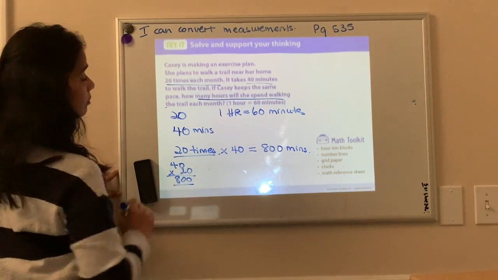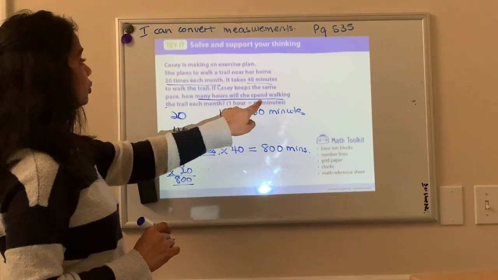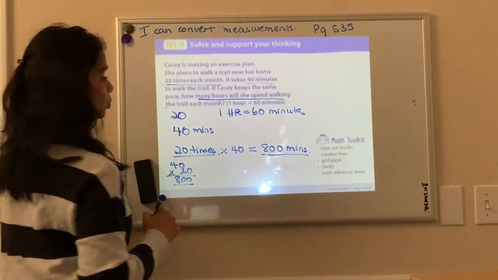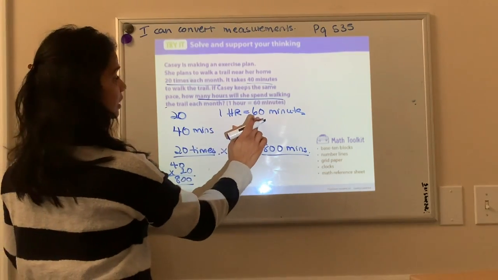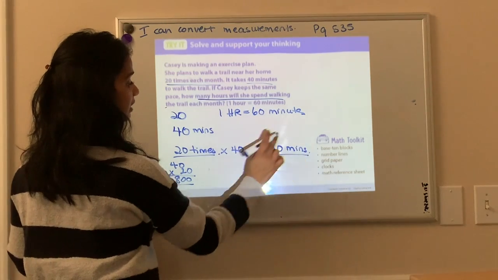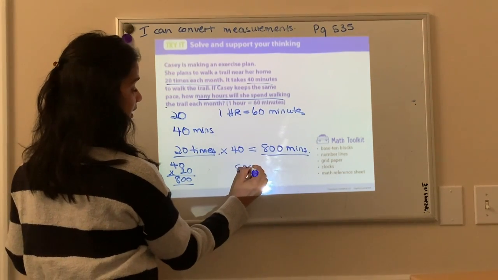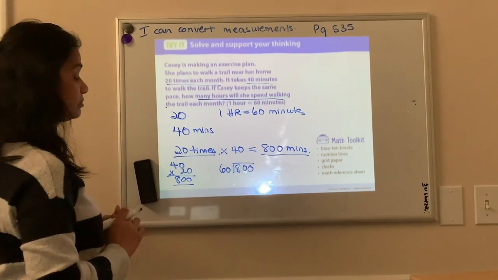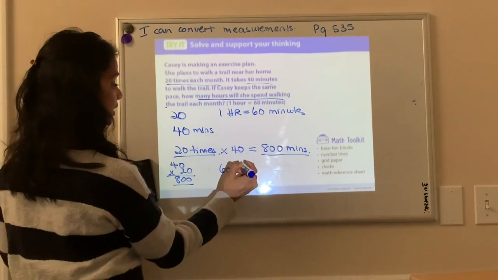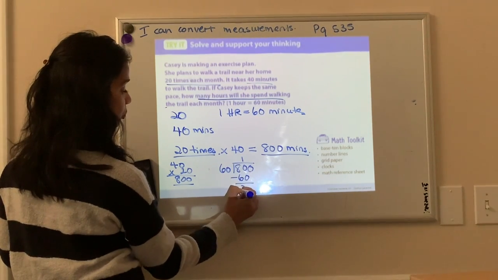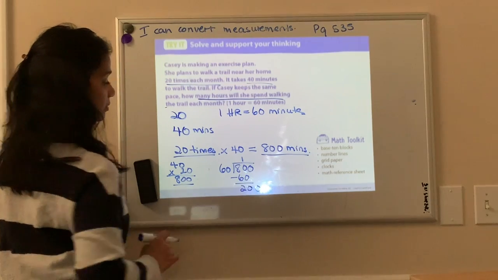Okay, now, how many hours will she spend walking the trail? So if she'll spend 800 minutes walking, but 1 hour is equal to 60 minutes. So to find how many hours are in 800 minutes, what do we do? You're correct. We divide 800 divided by 60. So how many times can 60 go into 80? Let's see. 1, right, to start. 20 as remainder.